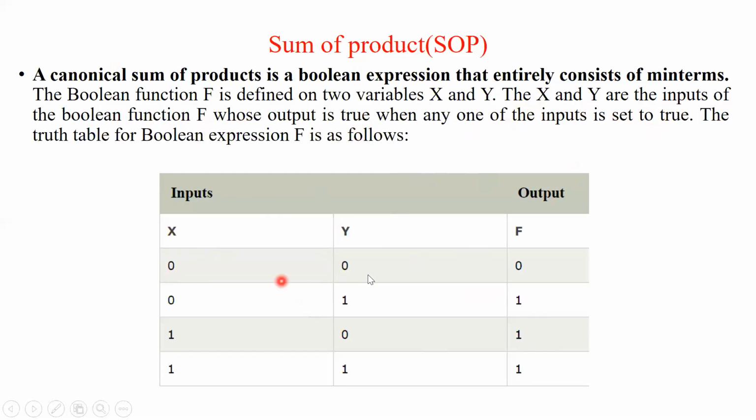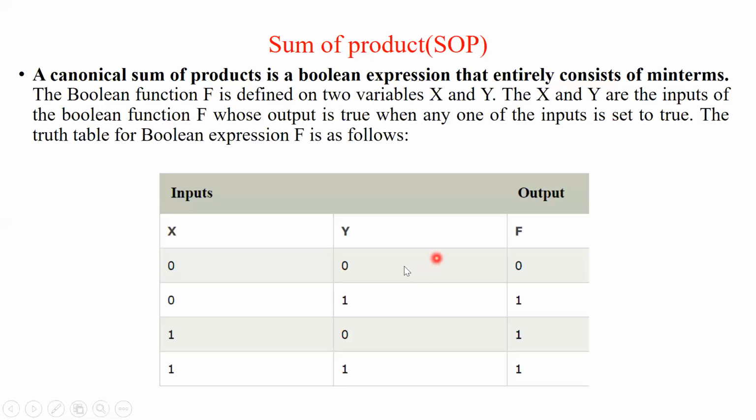So suppose I have 0 0, 0 1, 1 0, 1 1. According to this condition, the output is true when any of the variables is 1. Here both variables are 0, so the output is false. Here one of the variables is 1, so the output is true. Here one of the variables is 1, so the output is 1. Based on this statement, we made the truth table.